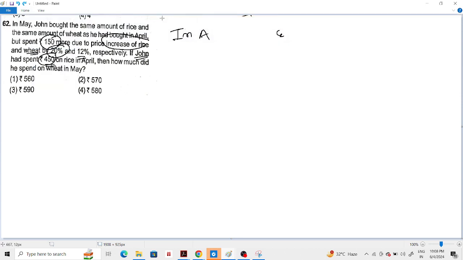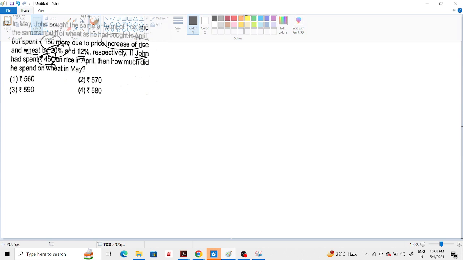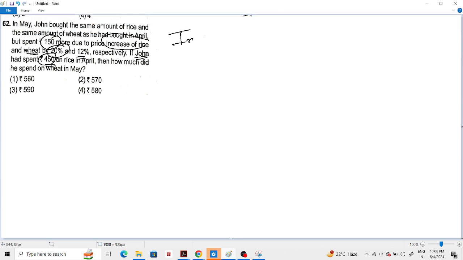So in April, price of rice was rupees 450. Now it is given that in May the price of rice has increased by 20%.